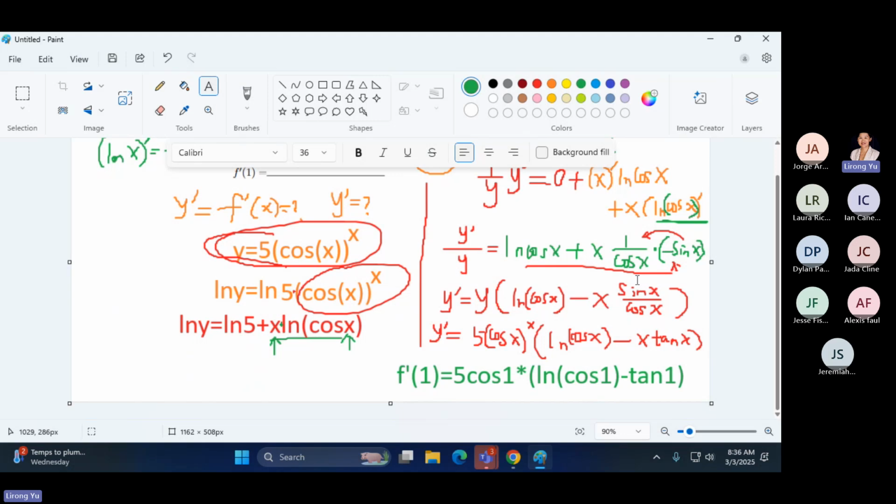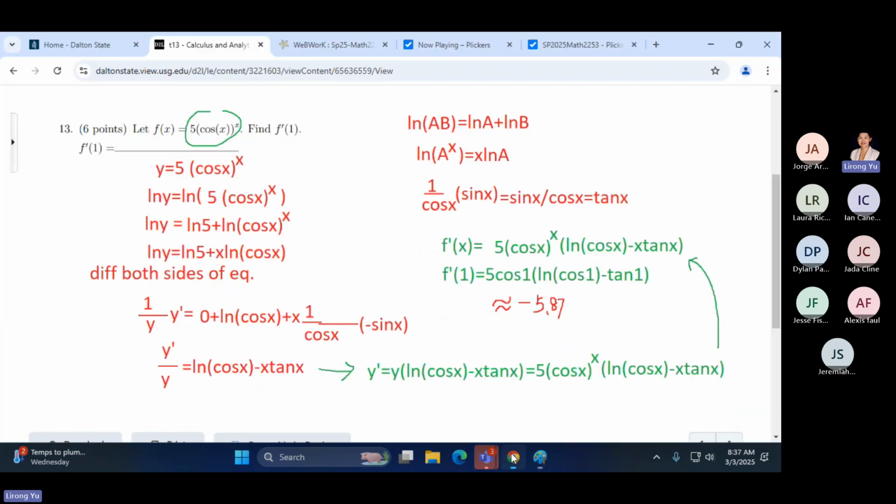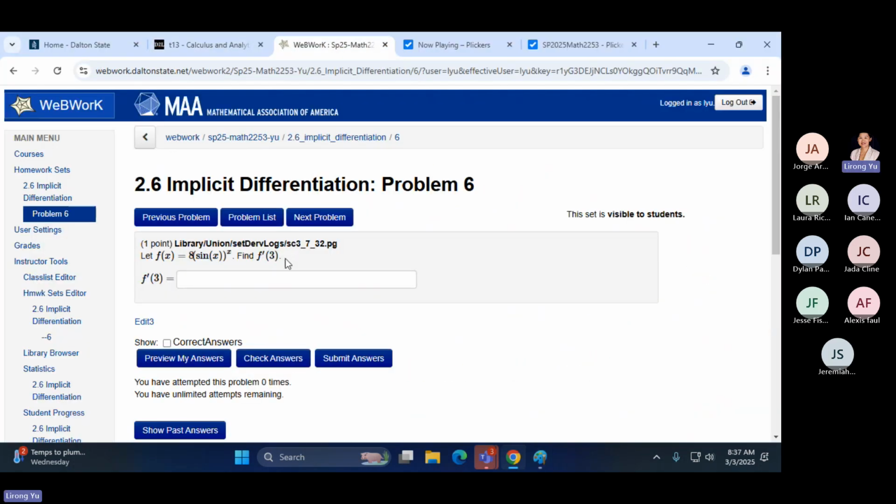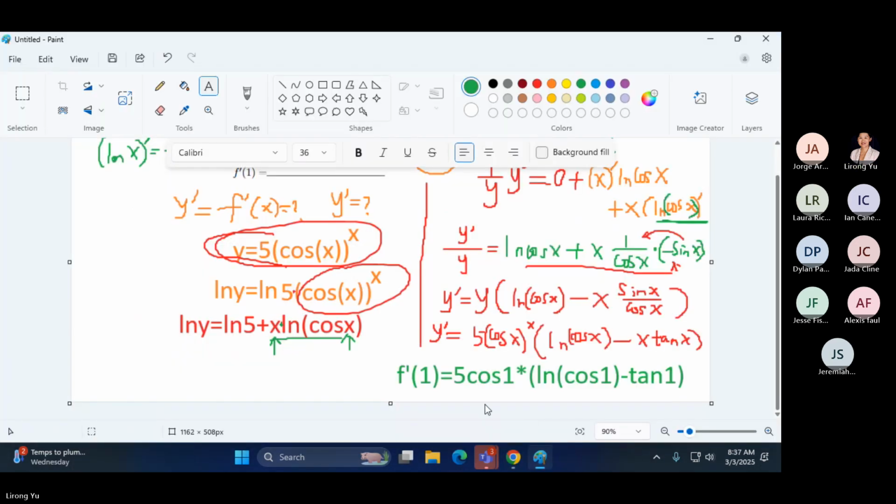So it depends on the input. I see on my version of the WebWork question, there's a 3 instead of 1. So that means the calculation is different. Any question? So that will be the solution for this.